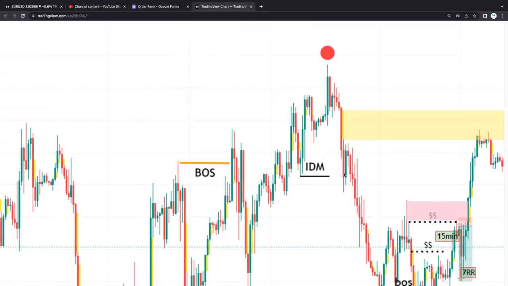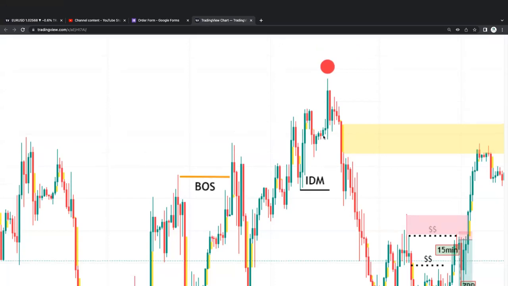Okay, let me check first. If you are looking at the pullback, this can be, but this can also be used as inducement here. This one becomes more valid here because the first low is an inducement. In this case, this is your pullback, right? And this is a little bit tricky inducement.